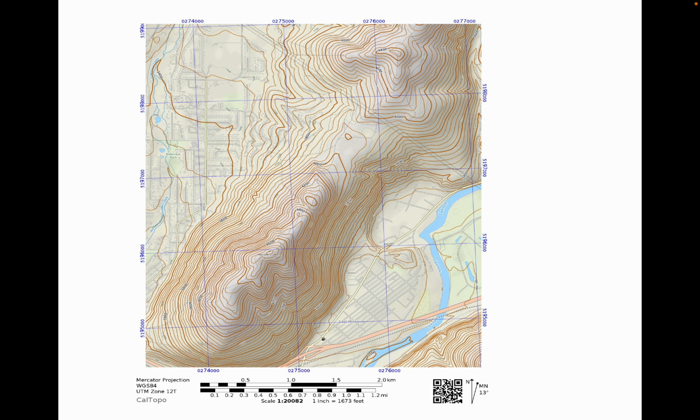Okay, does that make sense? You have to figure out which grid you're going to start with. You always start in the southwest corner of the grid. So if I'm looking for this point here, I'm going to start here and move to the right until I get to my objective, and then I'm going to move north.